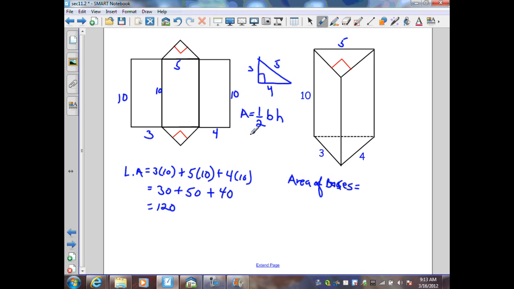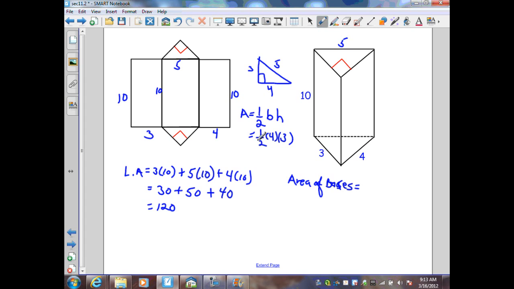Therefore, all I need to do is substitute in 1/2 times the base, which is 4, times the height, which is 3. If this wasn't a right triangle, I'd have a lot more difficulty because I'd have to find an altitude from that vertex to the base, and that would be very difficult. But since this is a right triangle, each of these legs is an altitude, so it doesn't matter which one I use.